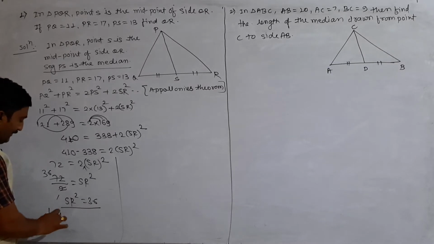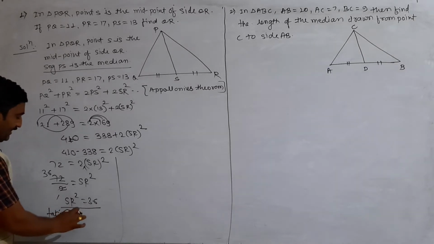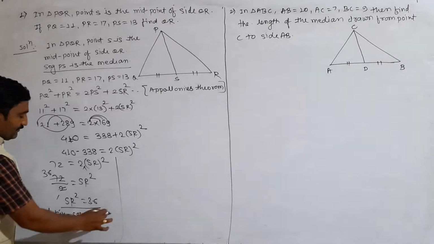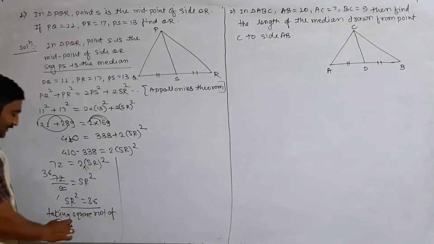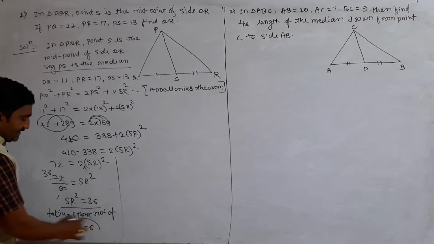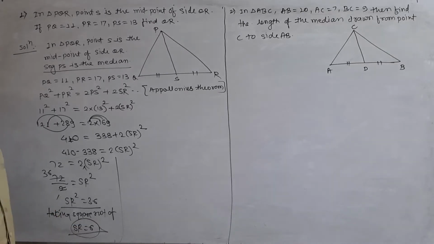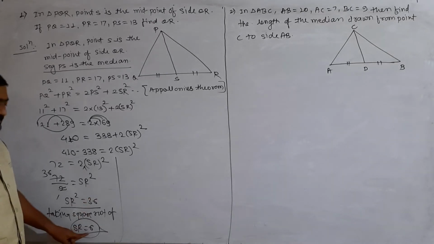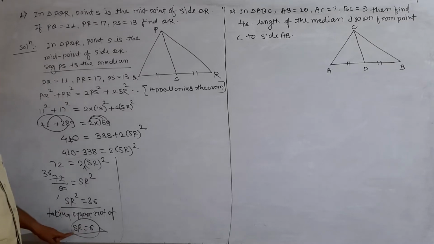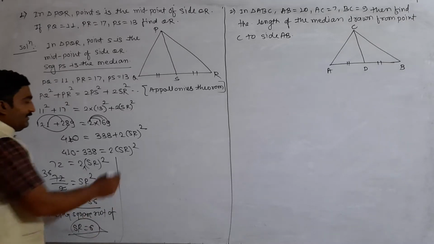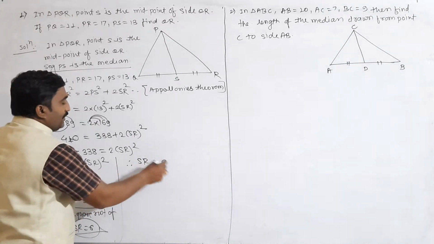Taking square root of both sides. Then SR is equal to, what is the square root of 36? 6. The square root of 36 is 6, and the square root of SR square is SR. Therefore SR is equal to 6.